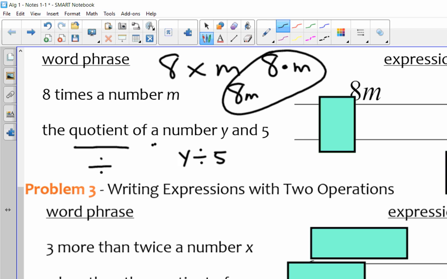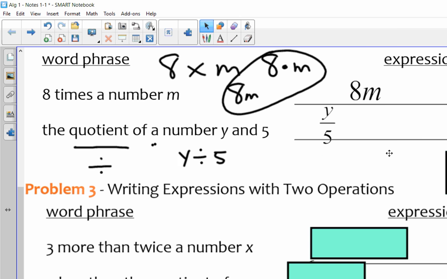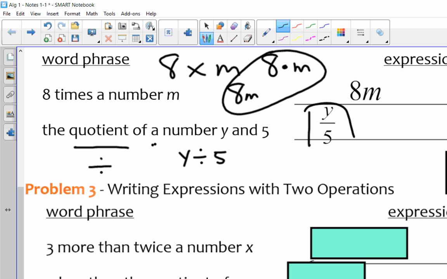So another way to write that is in fraction form, y over 5. Either way, it's okay. I want you guys to remember that this is division, and you'll see it a lot that way.